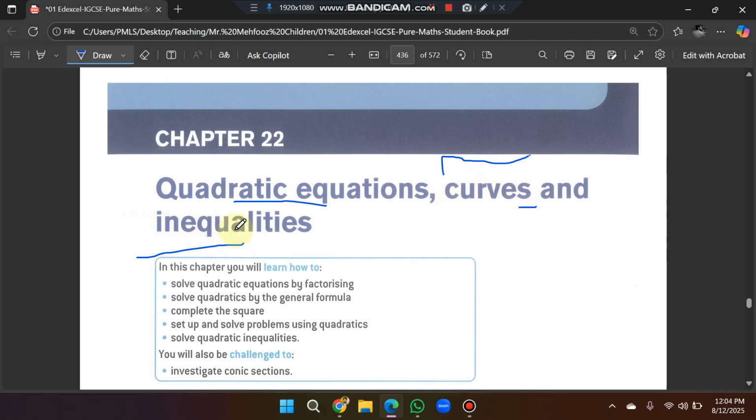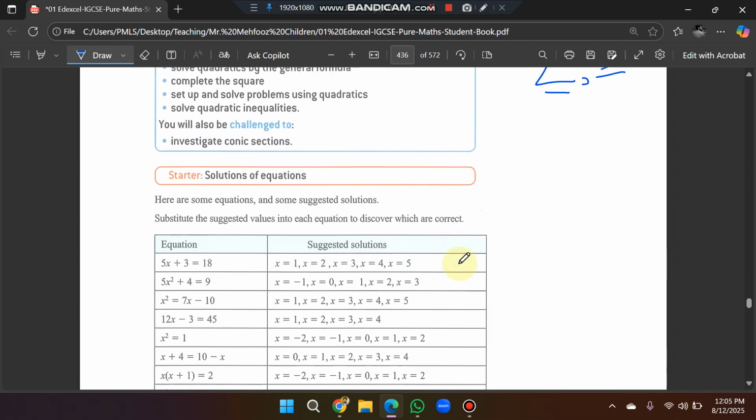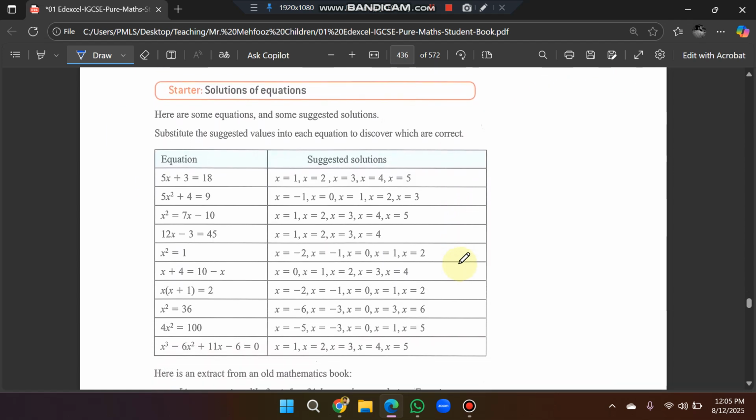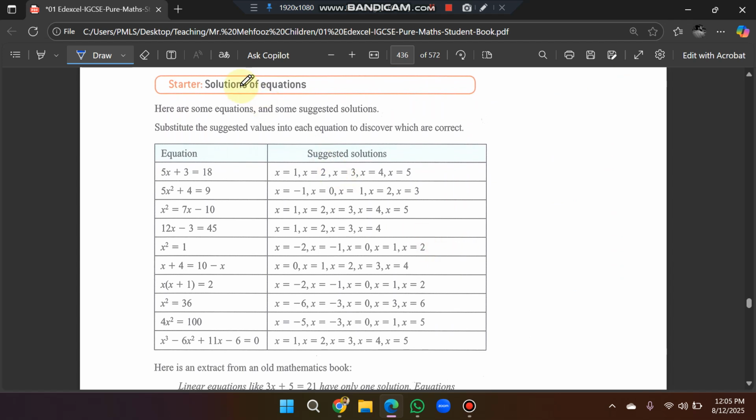And inequalities are those expressions in which we don't have any equality signs, but we can use less than, greater than, less than or equal to, greater than or equal to, these signs rather than equality. That is called inequalities.